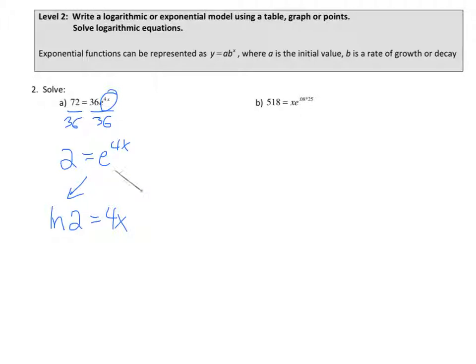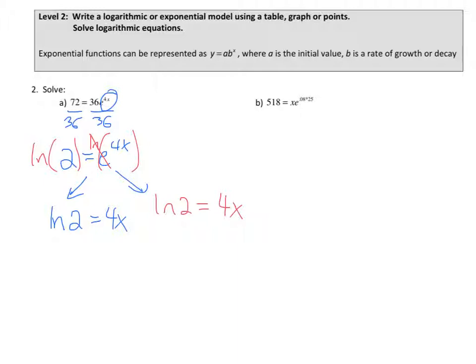The other method that you could use is to take the natural log of both sides. So if I take the natural log of both sides, I get ln of 2 on the left side, and the natural log and the e cancel on the right side, and I just get equals 4x. So either way, I get natural log of 2 equals 4x.